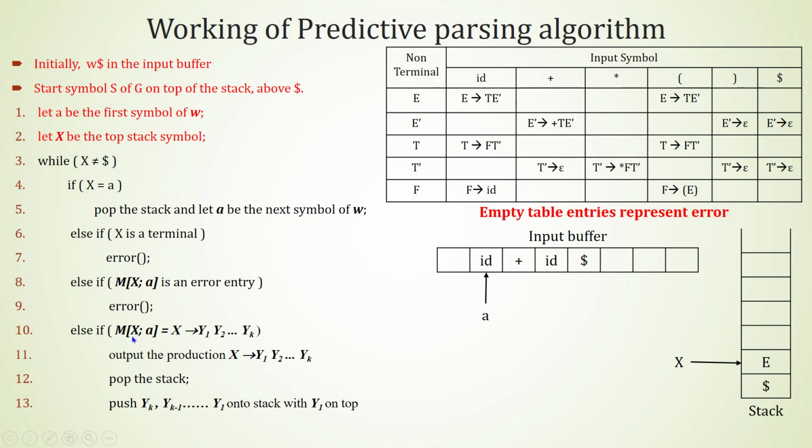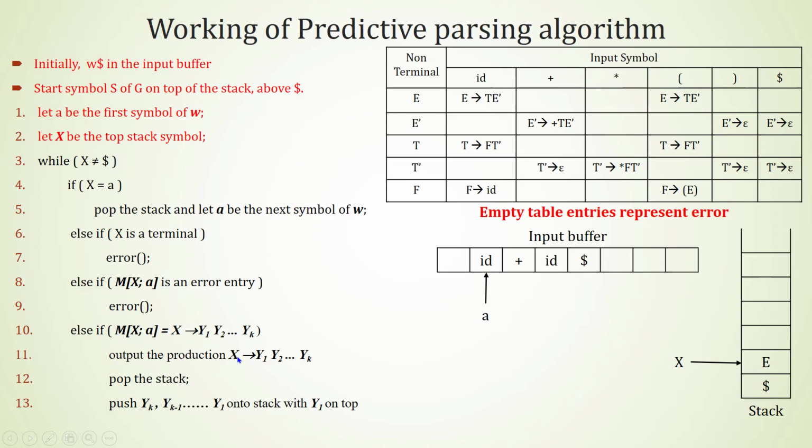Else if M[X, a] equals X gives Y1 Y2 up to Yk. So here in M[X, a], that is M[E, id], I have a production. That production is E gives TE dash. So this condition is satisfied. What do I have to do?